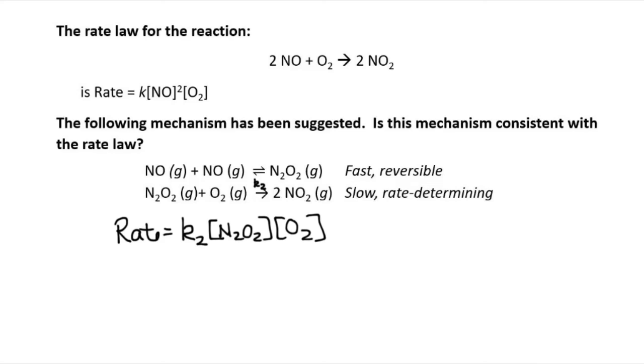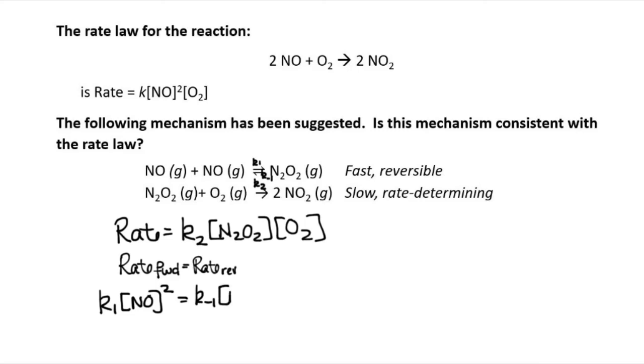We see that this first step has double arrows, showing that this reaction can go both forward, K1, and backwards, K-1. When this step is in equilibrium, the rate of the forward reaction is going to equal the rate of the reverse reaction for step 1. So we can write the rate law of the forward reaction, K1 times NO squared, and that's going to equal the rate law of the reverse reaction, K-1 times N2O2.